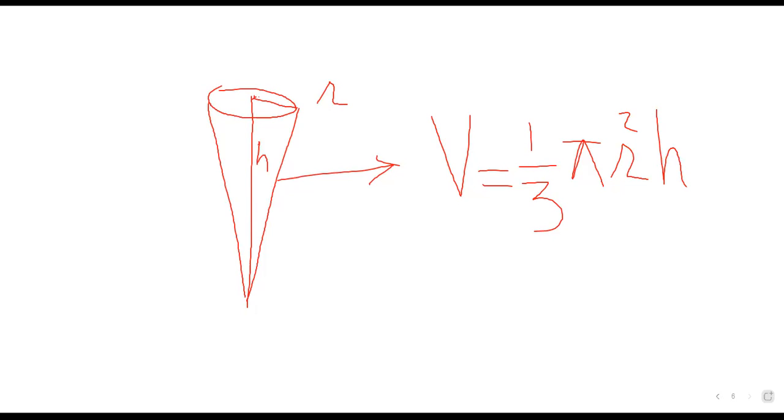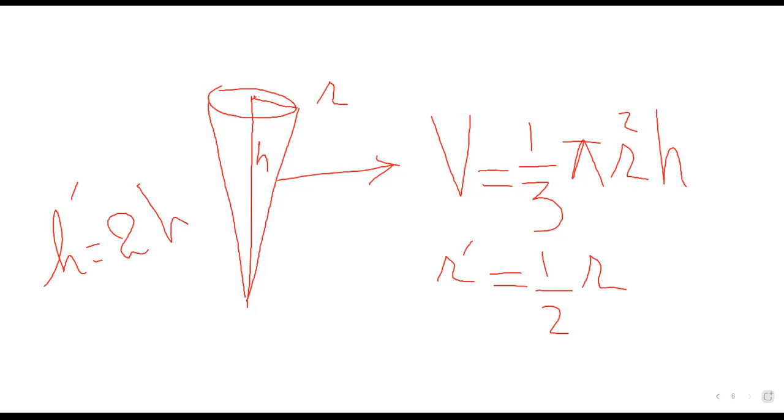If the radius is half and the height is double, what will be the ratio of the new volume to the old volume? What I mean to say is, if r is half, r prime, the new radius, is half of the old one, and the new height is double the previous height, so 2h.